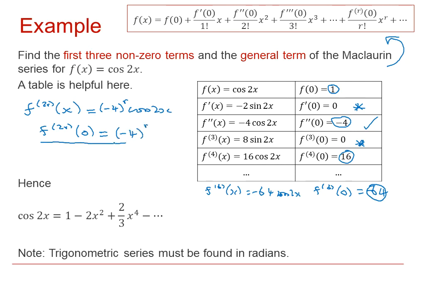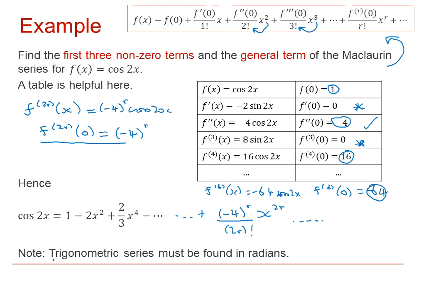So we can now generate our general term in this pattern, and our general term is minus 4 to the power r to get the alternating powers of minus 4, and then we need an x to the 2r, and the denominator, remember, was the factorial of the power, so here we're going to have 2r factorial, and that is our general term in the pattern.